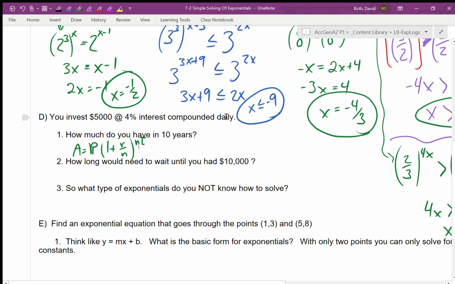Wait, this is a daily rate in this case. And NT is the number of days you're compounding it over, so it's 5,000 times 1 plus 0.04 divided by 365 days in a year. Hopefully everybody remembers that. 365 times 10. And I actually have this worked out, I think, from last year.